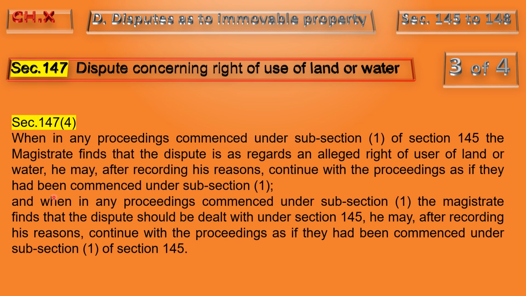And when in any proceedings commenced under subsection 1, the magistrate finds that the dispute should be dealt with under section 145, he may, after recording his reasons, continue the proceedings as if they had been commenced under subsection 1 of section 145. So subsection 4 basically informs us that when any proceeding has already been started under subsection 1 of section 145 and the magistrate finds that there is a dispute regarding the alleged use of either the land or the water, he may continue the proceedings which have been started under subsection 1 of section 145. That's it.